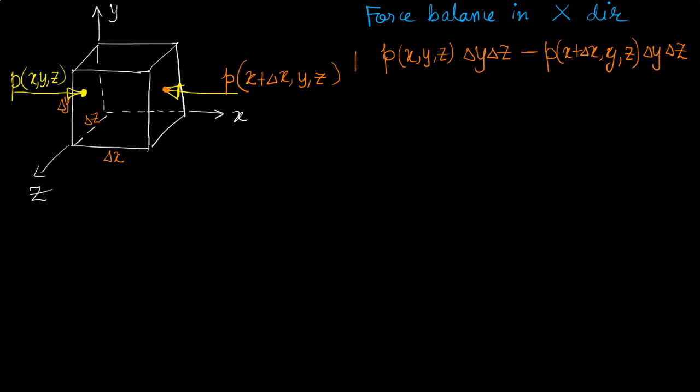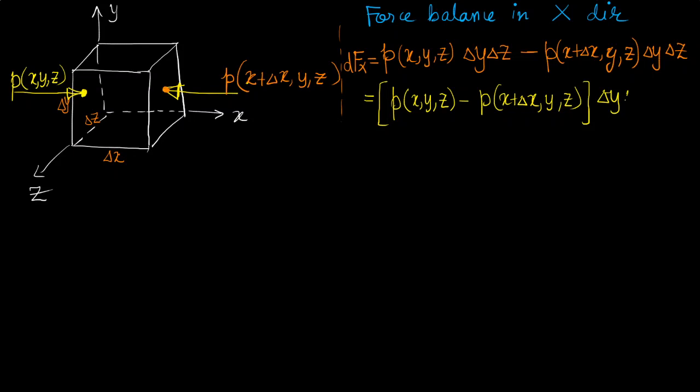And this is the force, so let me call it dFx. Now I can write this as P(x, y, z) minus P(x plus delta x, y, z), times delta y delta z.